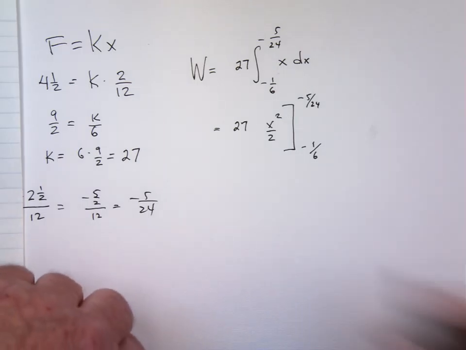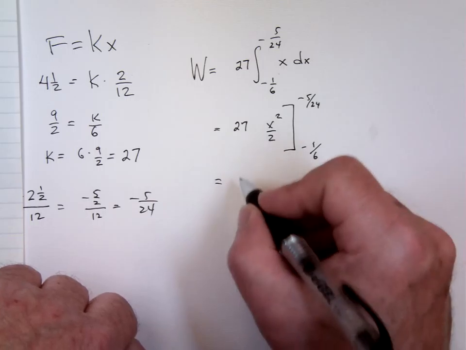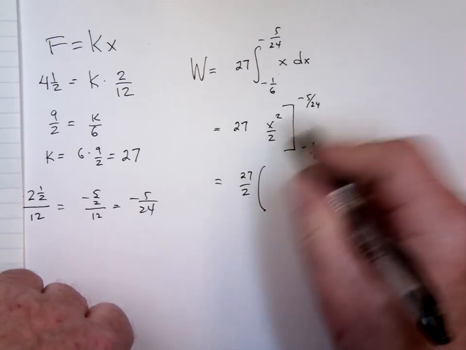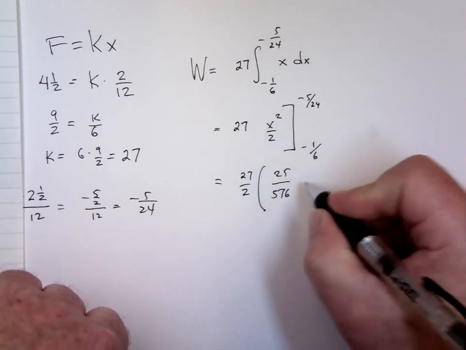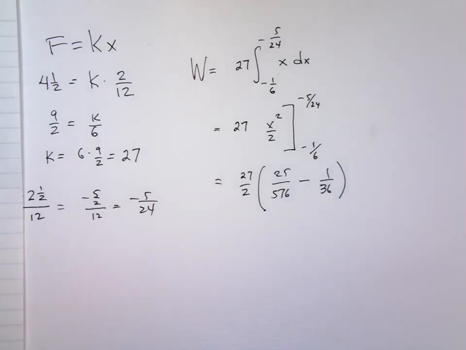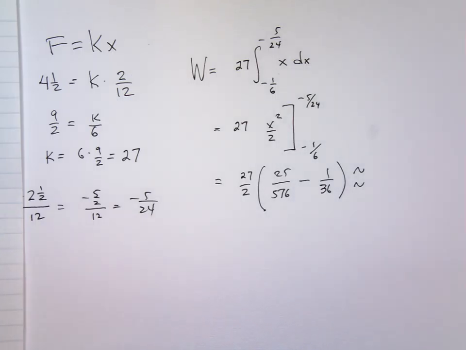Should we just punch it in? Yeah, that's not a bad idea. You get negative 5/24 minus 1 over 36. It's a pain. They want it rounded to the nearest 2 decimal places.